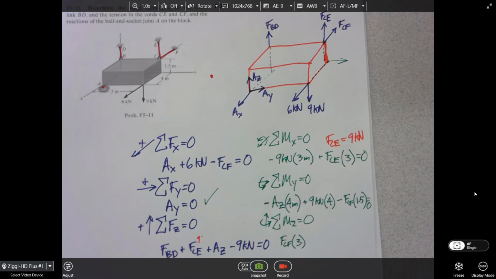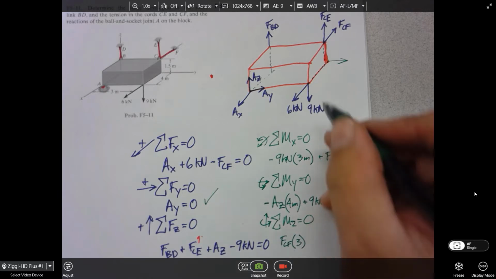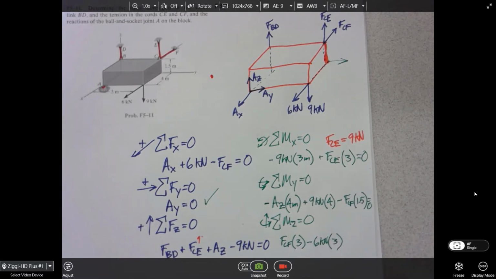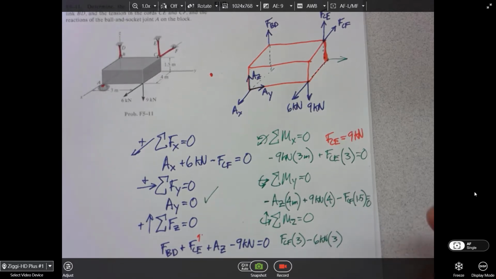Somebody else have one? 6 kilonewtons. Yes, positive or negative? Negative 6 kilonewtons. And that lever arm is also 3. Anyone have one more? AY? Positive or negative? Positive AY times 4. I think that's it, right? Yep. Equals 0. All right.